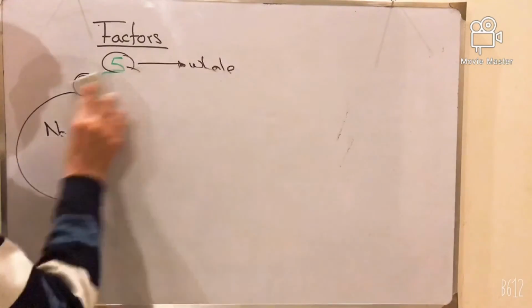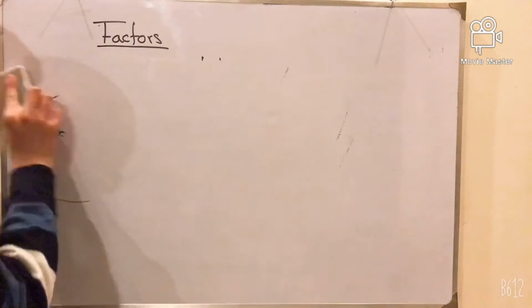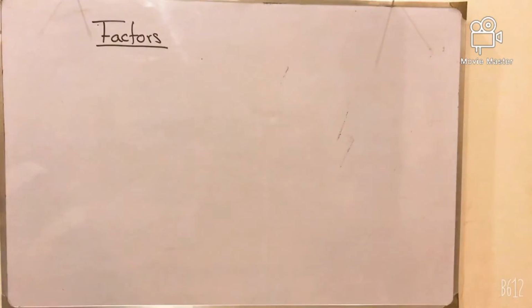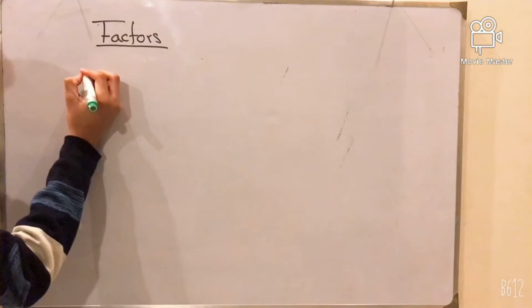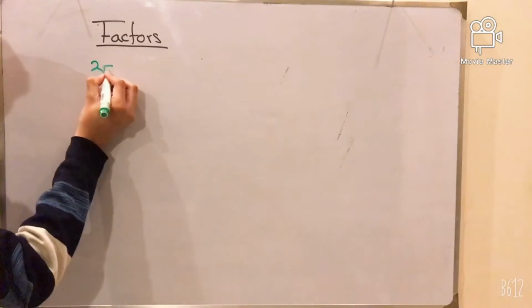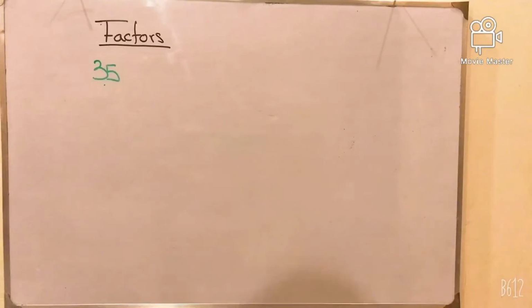Now let's take another example. We have a question that asks us to list the factors of 35. So we will be listing possible factors of 35.